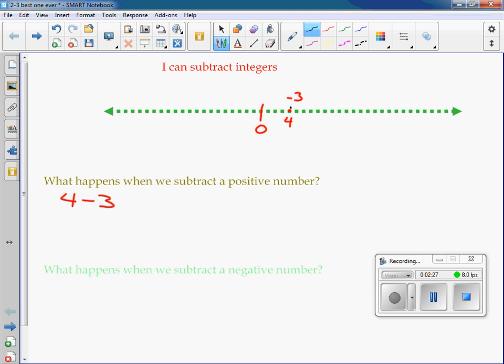So we move 1, 2, 3. Our answer ends up at 1. So what happens when we subtract a positive number? We move to the left. In other words, we are getting smaller from where we started.